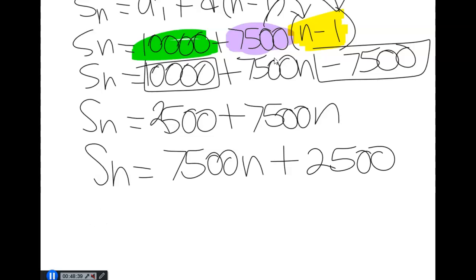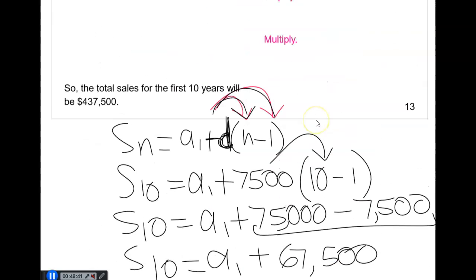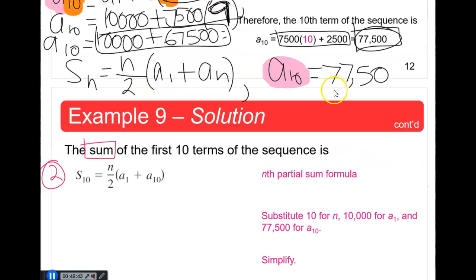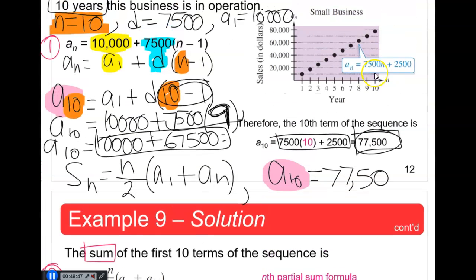So the way that they're showing here on the PowerPoint, that in the textbook, I assume that they found it is by using this expression, which is coming from what I showed you from the other slide, 7,500 times n plus 2,500.